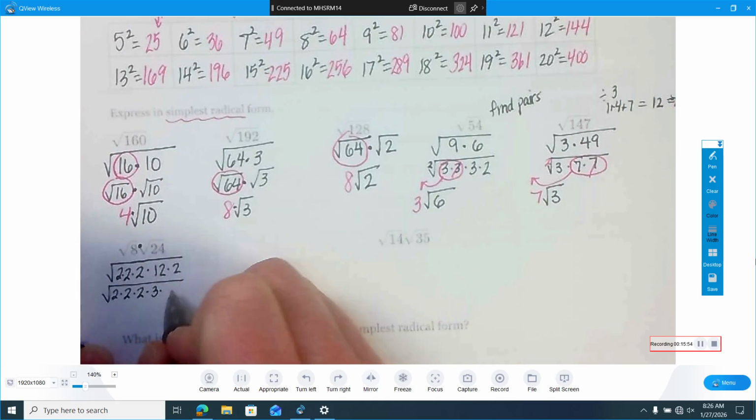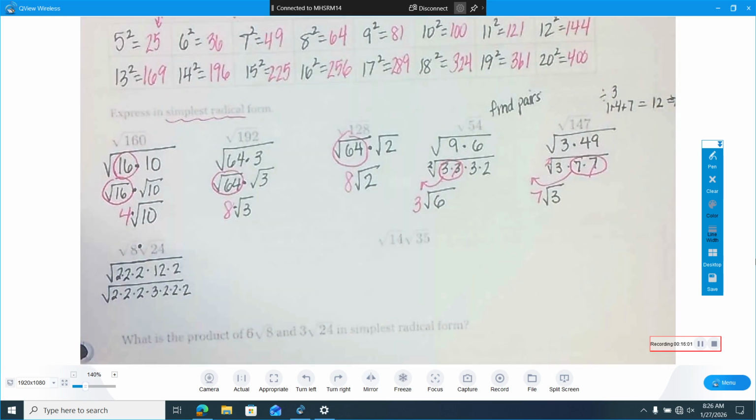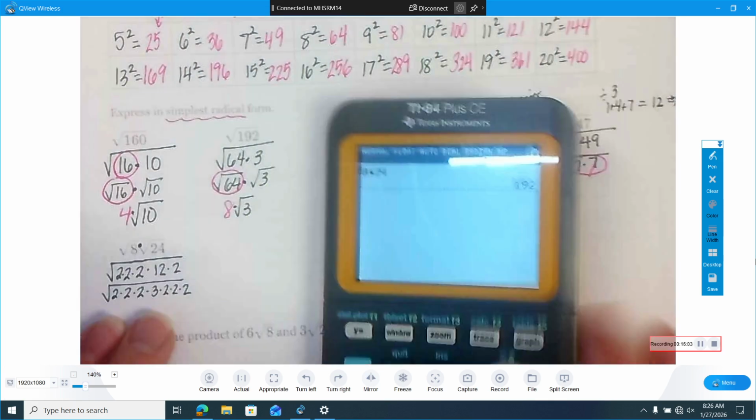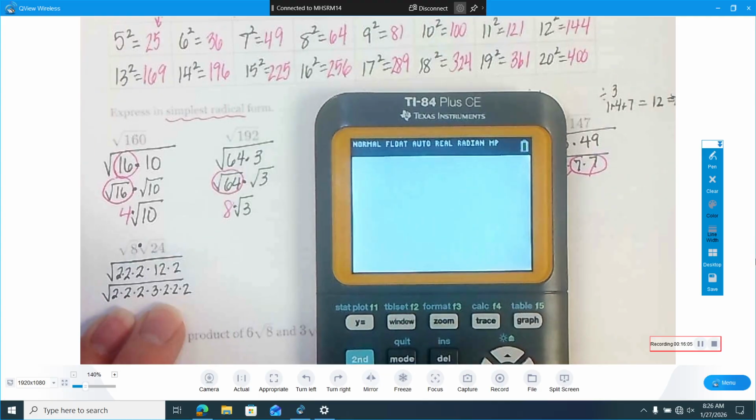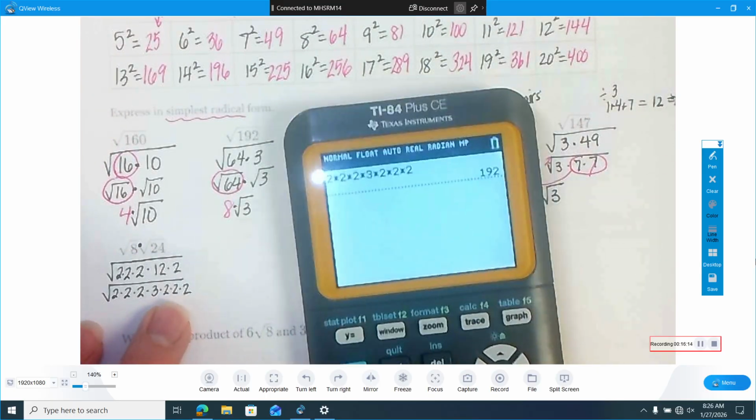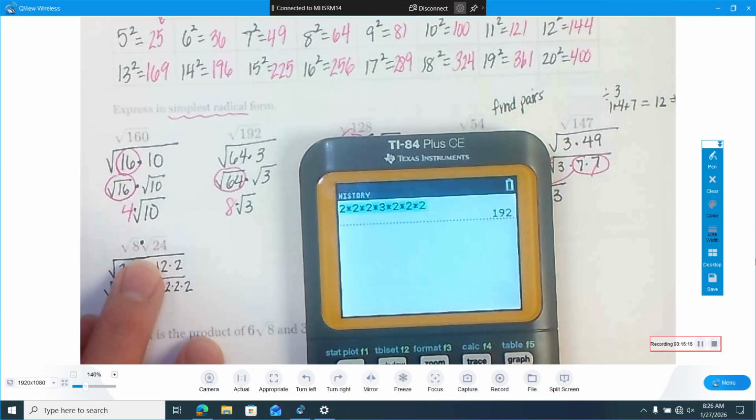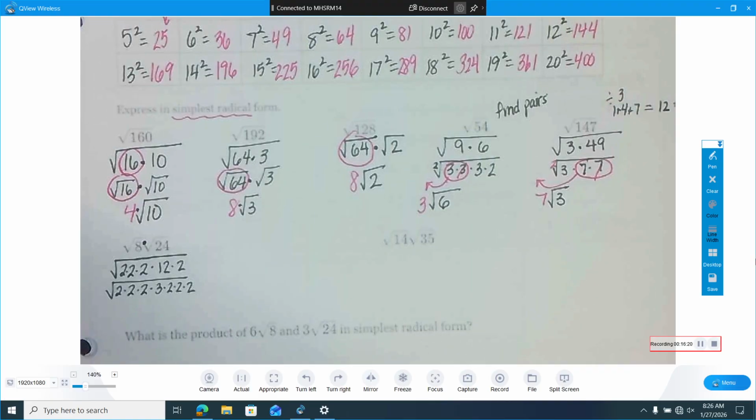So here's the 3. And the 4 breaks down into 2 times 2. Okay, and then times another 2. All right. So I just broke that big number down into its prime factorization. Let's double check. 2 times 2 times 2 times 3 times 2 times 2 times 2. And I get 192, which was the 8 times 24. So we did it right. We broke it down into its primes.